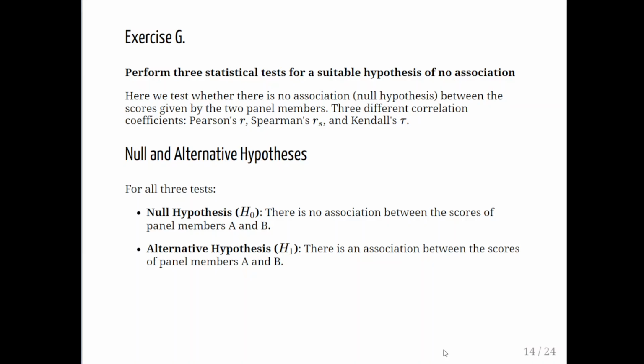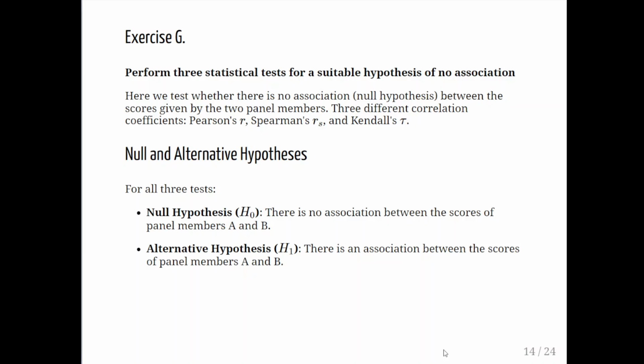Now, perform three statistical tests with a suitable hypothesis of no association. Essentially, we test whether there's no association, which is our null hypothesis, between the scores, using the three different correlation coefficients. In each case, the null hypothesis H0 is that there is no association between the scores from panel member A and panel member B, and the alternative hypothesis is that there is an association between the two sets of scores.